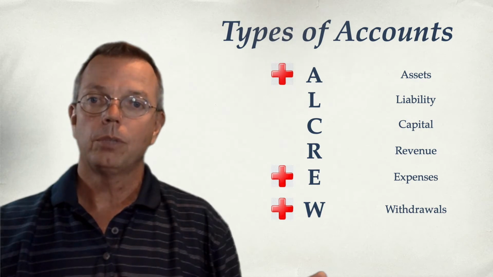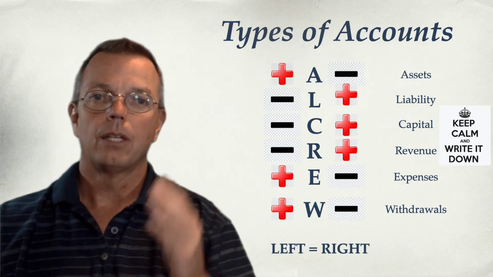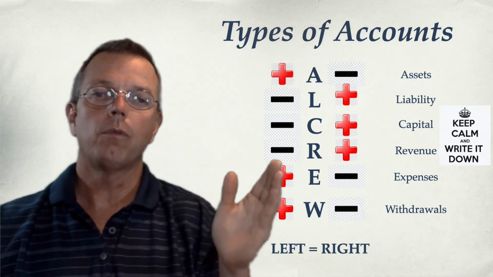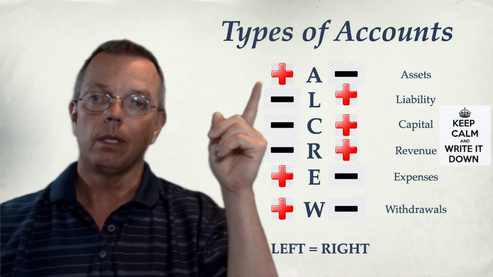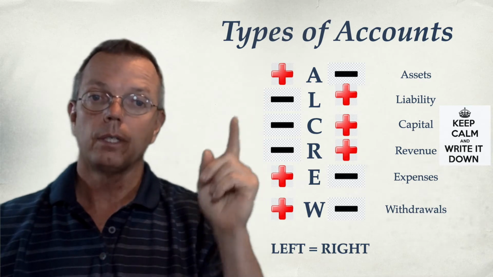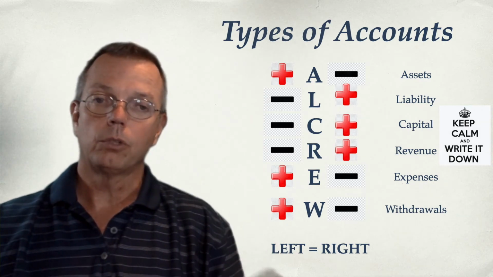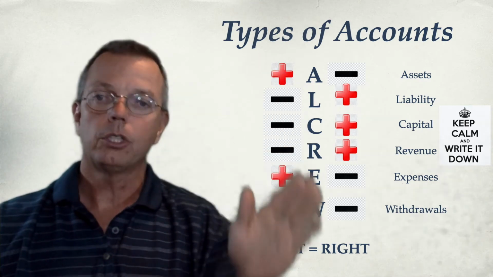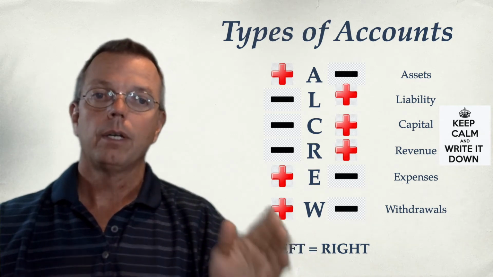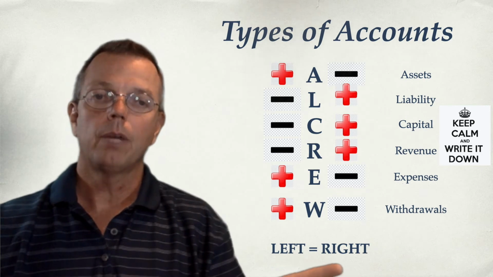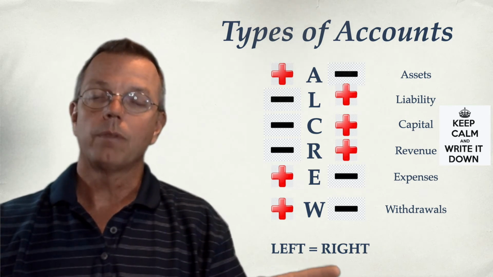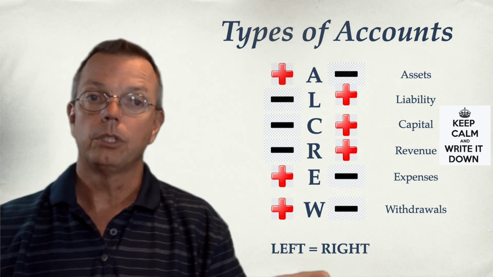Okay, so let's see what that looks like. As you can see, here it is all laid out. If you start with those three that I mentioned, being the increase on assets, expenses, and withdrawals, you can fill out the entire chart from that. The key part is also that the left must equal the right, and that will become more relevant when we look at the steps and how it relates to the T-charts.